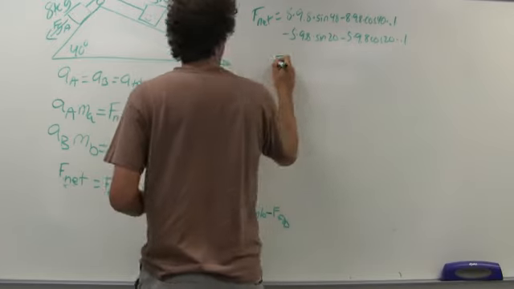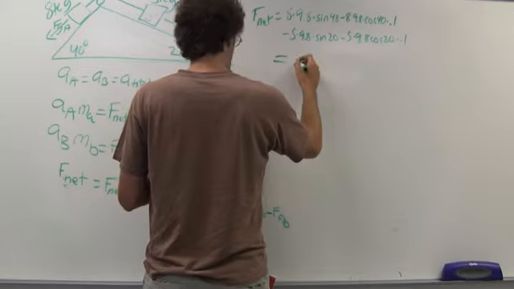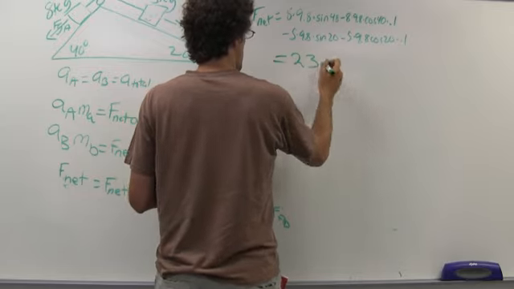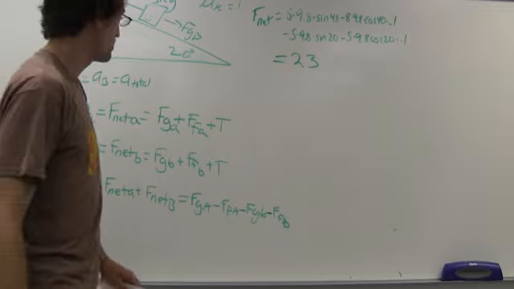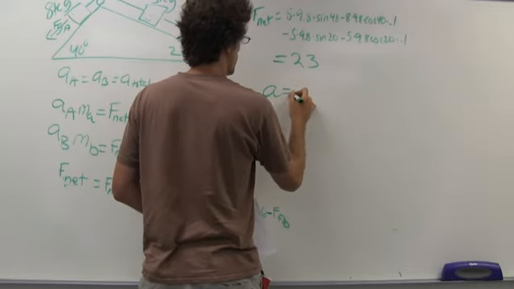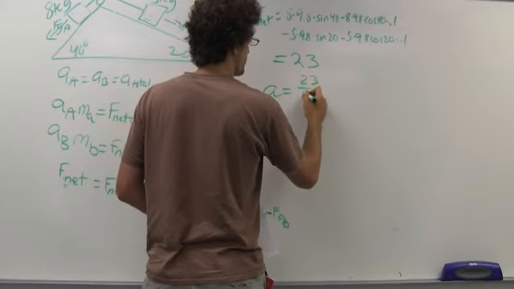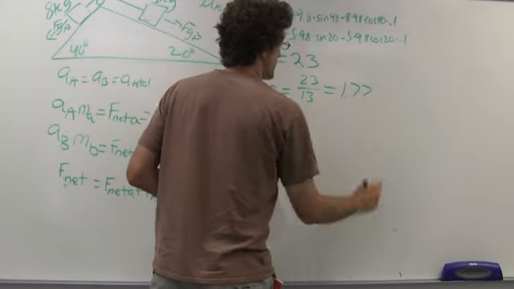All that should come out to be 23. Which then gives us A equals 23 over 13, which is the total mass, an acceleration of 1.77.